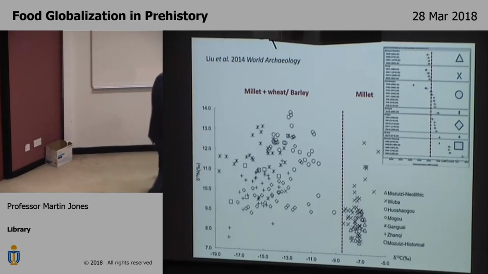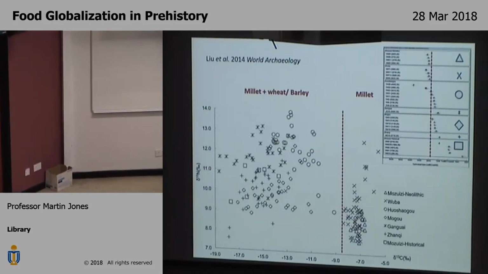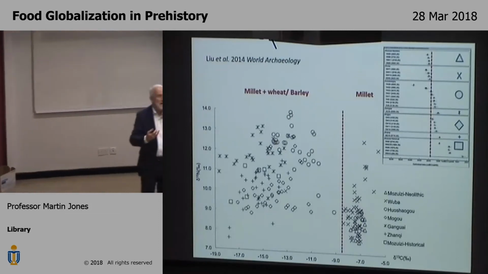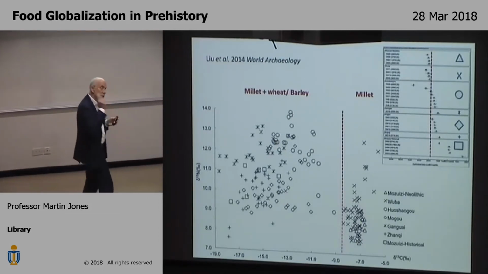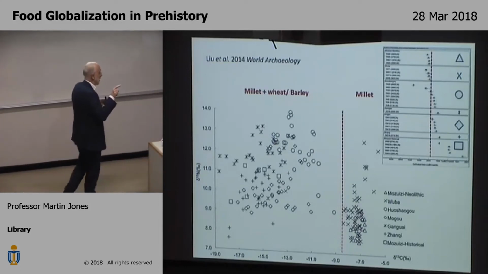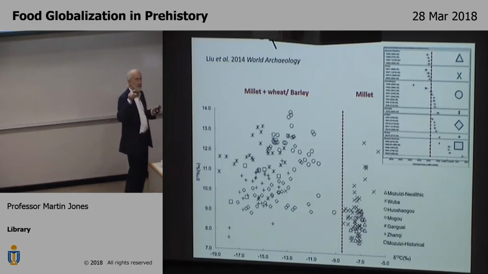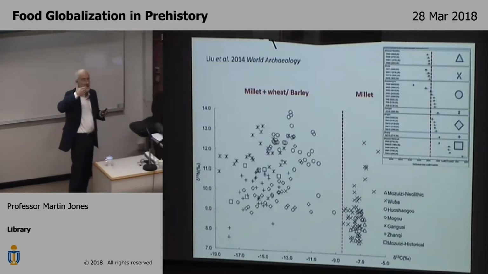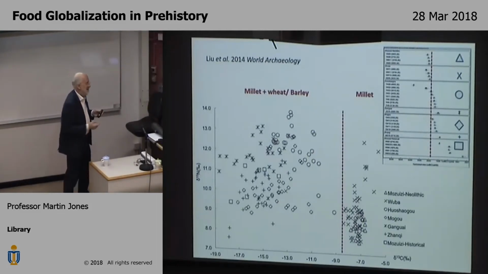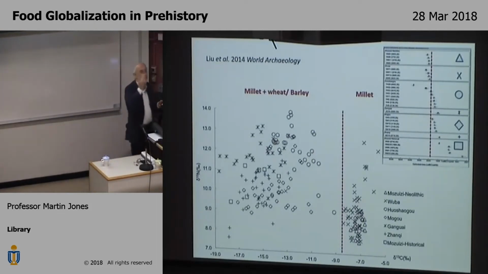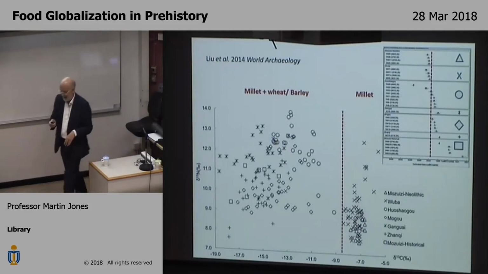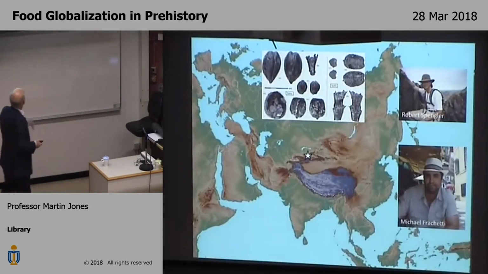So whereas the millet is trickling through east to west, the wheat and barley is coming like a tidal wave down the Hexi Corridor around 1800 BC. That's not the earliest wheat and barley in the east, as there are earlier finds, but nonetheless there's this clear agricultural revolution of sorts, whereby wheat and barley is really coming down as an impact.